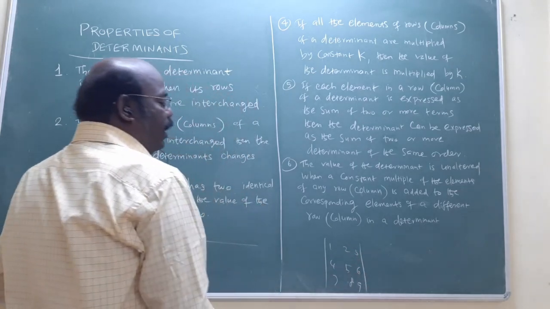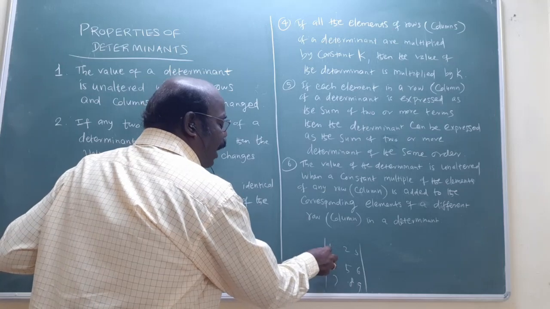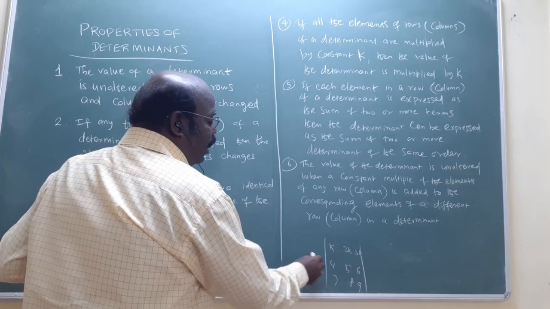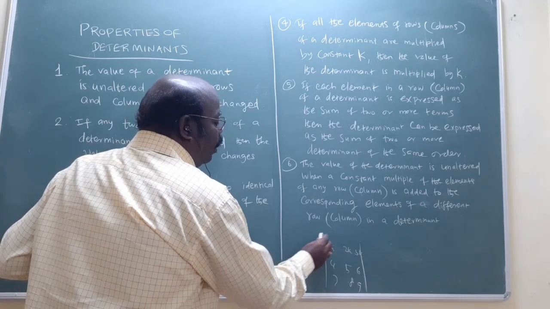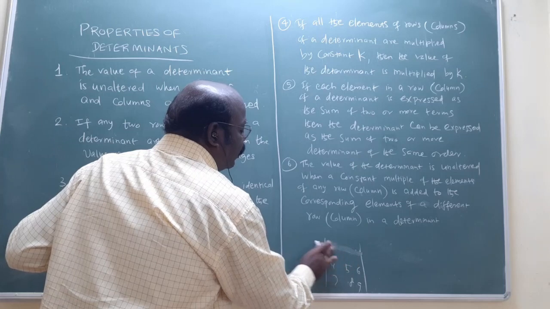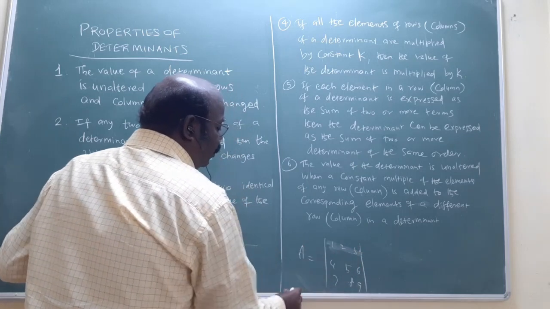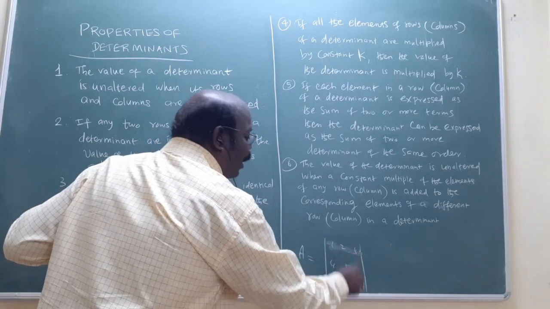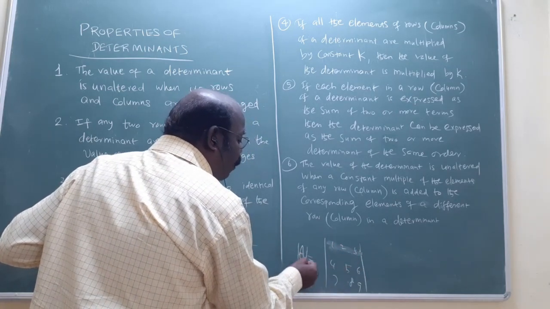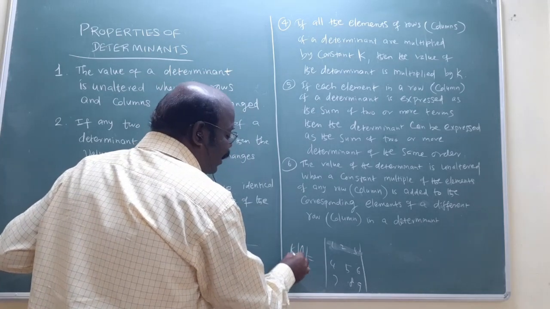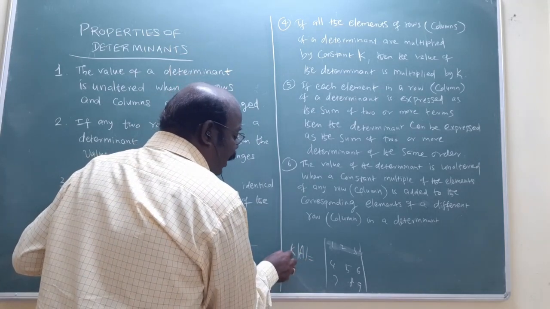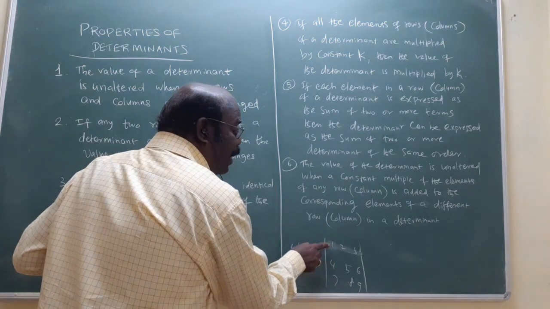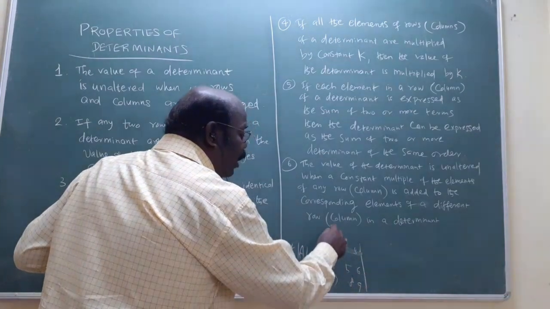Suppose you want to multiply by k here, here and here. Suppose the given determinant value is A. If any one of the rows or any one of the columns is multiplied by k, the determinant is also multiplied by k. That is the answer. In this way, you multiply the determinant of A by k for any one row or any one column.